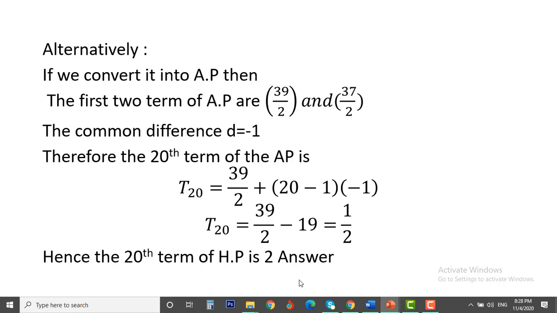Then you can find the term required in the arithmetic progression. After substituting the values in the formula, reciprocate the final answer again so that you get the answer for harmonic progression.